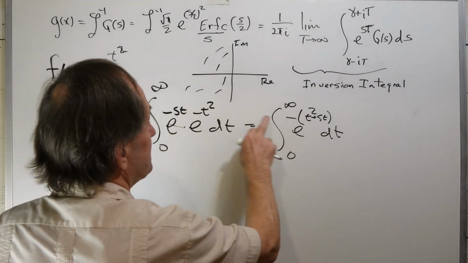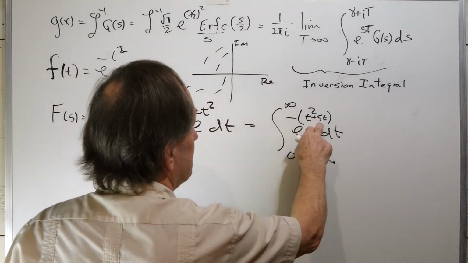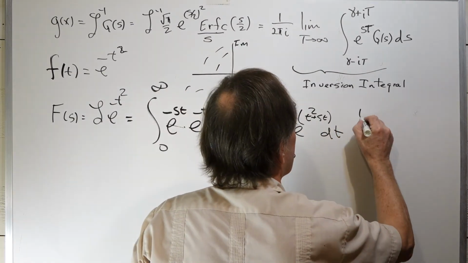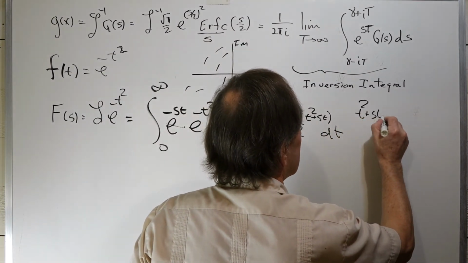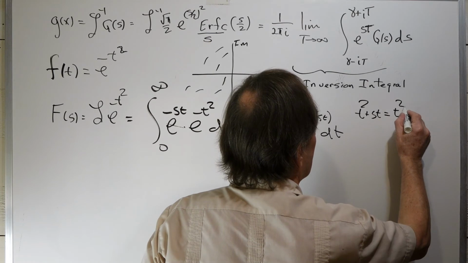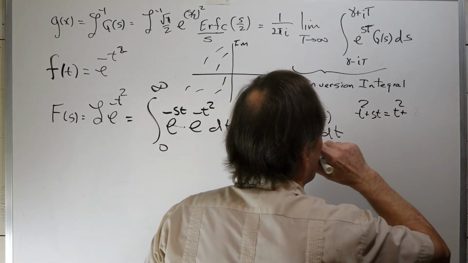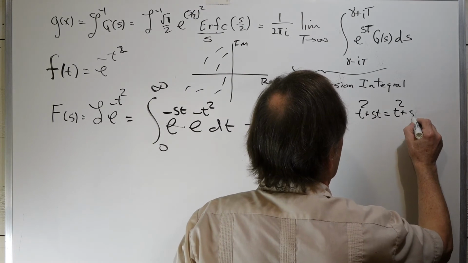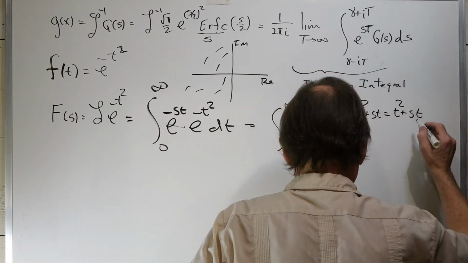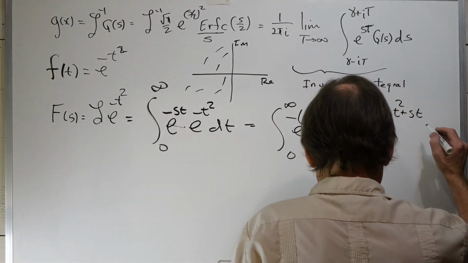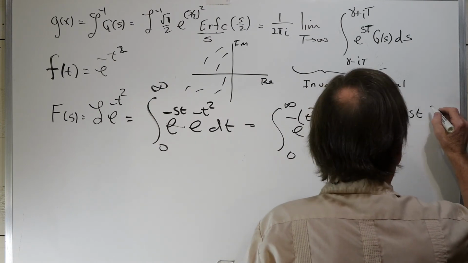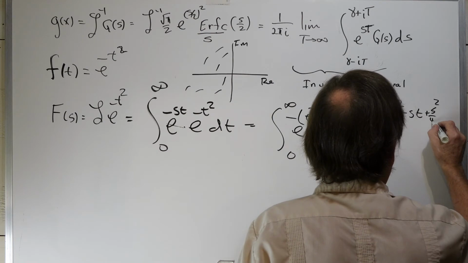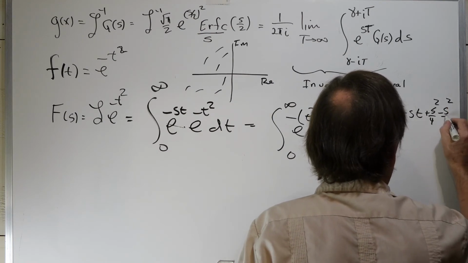We have minus t squared minus st. Now what we do here is we complete the square. t squared plus st is t squared plus st plus s squared over 4 minus s squared over 4.